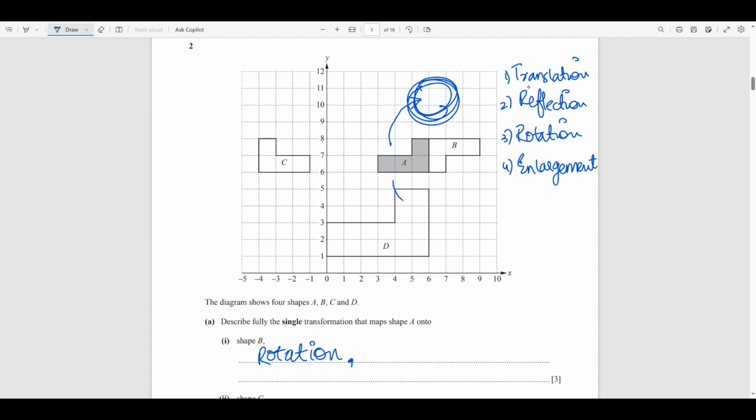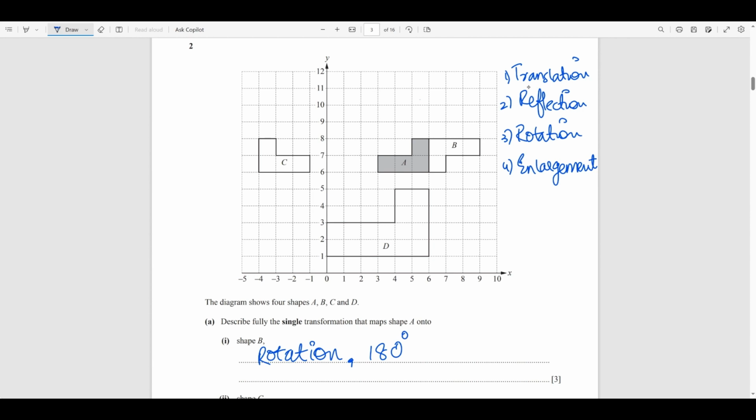If it was 90-degree anti-clockwise, the shape B will be somewhere here, but it's taken another turn, so I think it's a rotation of 180 degrees. Clockwise or anti-clockwise doesn't really matter, because 180 degrees is fine. If you still want to write clockwise or anti-clockwise, I think it's okay, but in 180 degrees it doesn't matter.